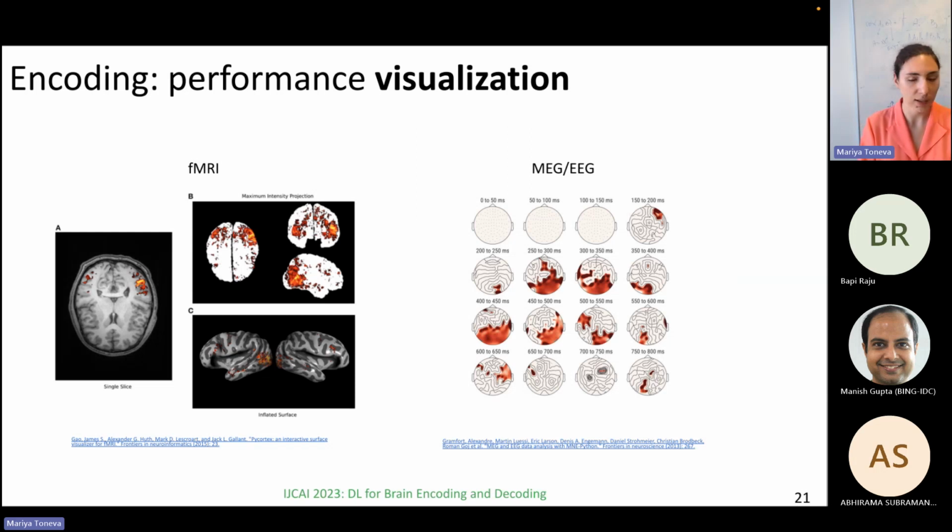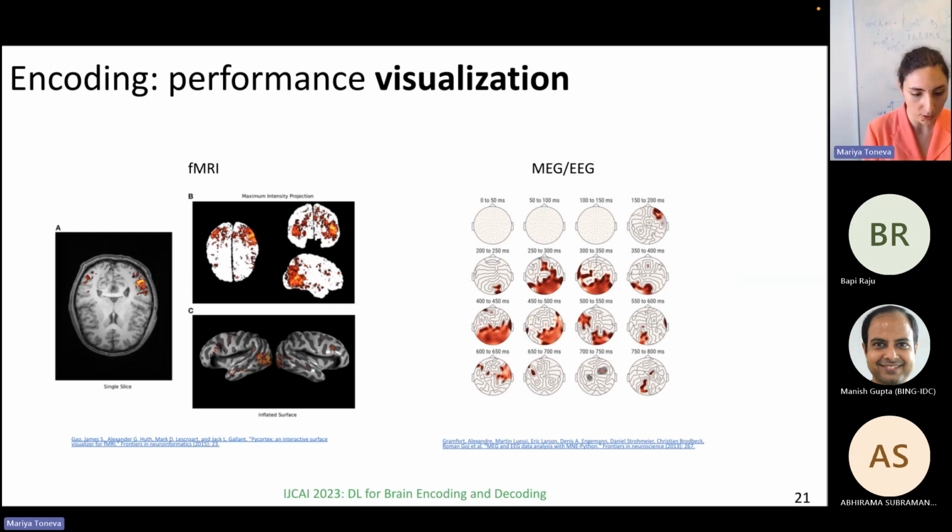So on the left side, we have fMRI, for which I'm showing 3 different ways of plotting both brain activity, but also the similarity scores that we have gotten from an encoding model. I would say my favorite way to visualize is PyCortex, which is this bottom one here.